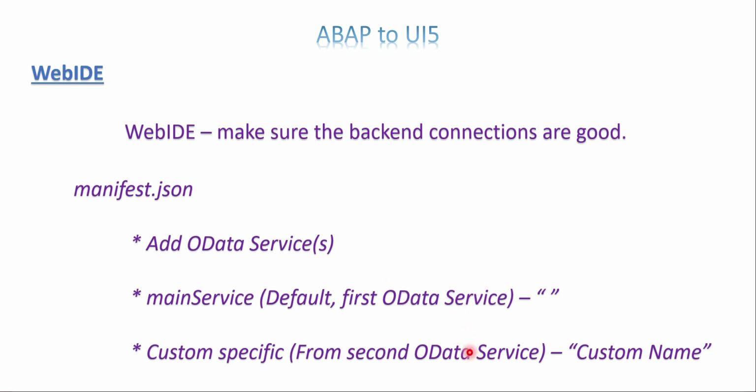If there is a name or alias before your entity set or OData service field, then it points to the relevant OData service. Okay, that is the difference. Still, if you say you don't want any default and want to give a name for your first service also, yes, that is possible. Make sure this is the way it behaves.